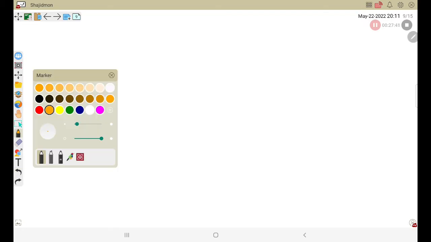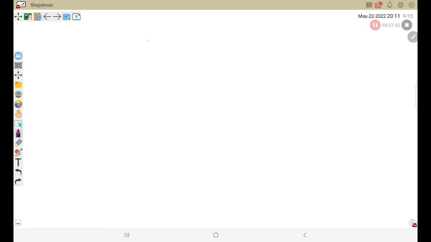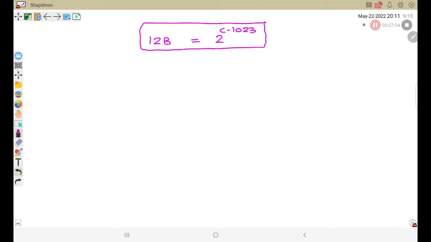So you can see, we are here: 128 equals 2 power c minus 1023. Now from this we need to find the c number. We can use two methods; one of the methods you can follow. First, think about the number 128.